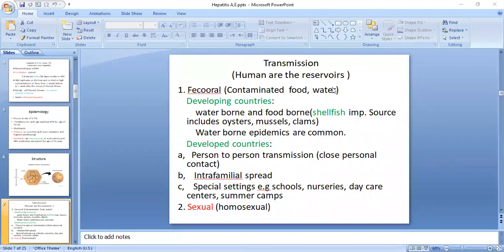Transmission is primarily by the fecal-oral route. It is by the ingestion of contaminated food and water, food and water that is fecally contaminated.